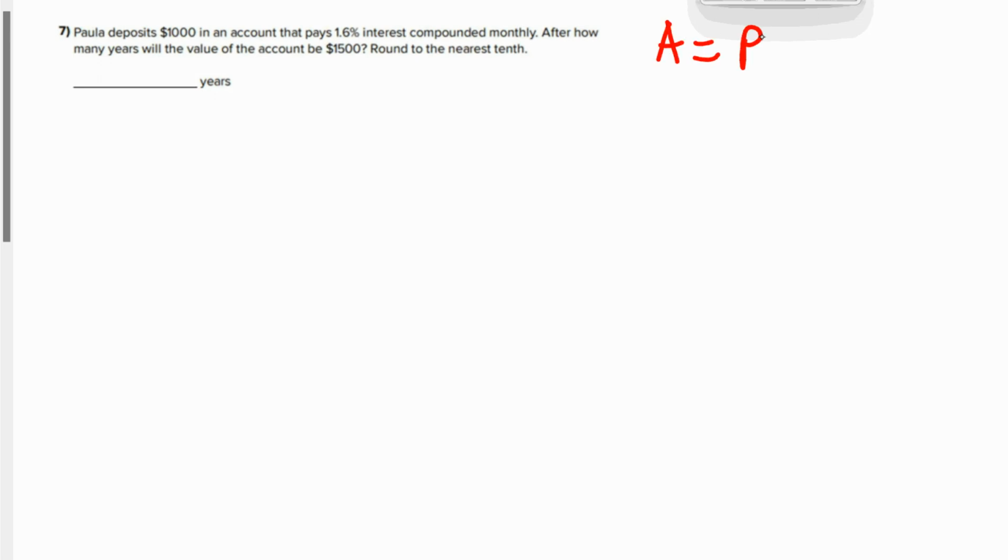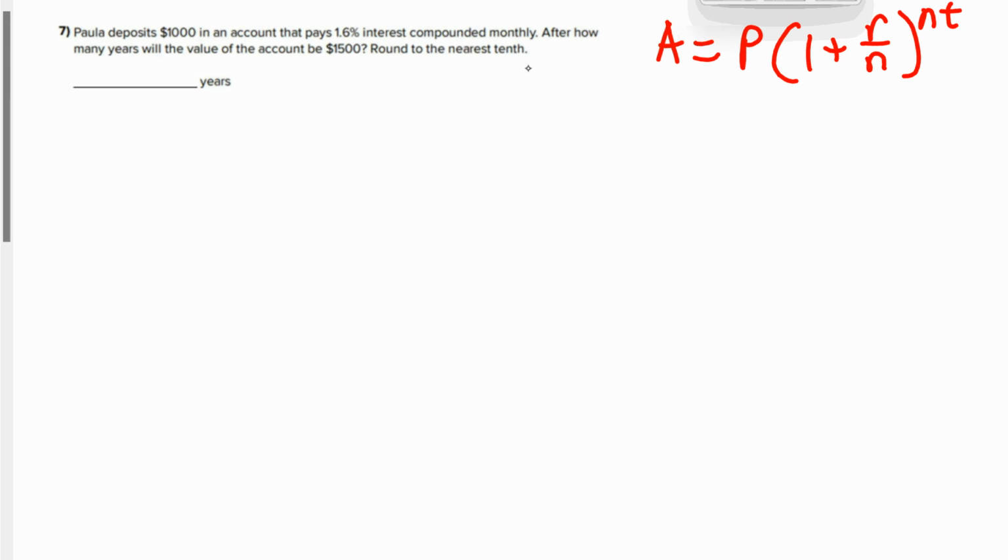A equals our principal, our amount in the account equals our principal, times 1 plus our rate over n, how many times we compound in a year, raised to n times t, how many years we do it for. So nt really represents how many times it's compounded over the life of either the loan or the investment.